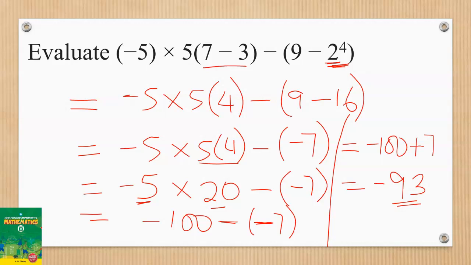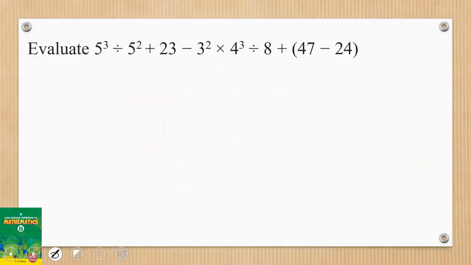Maybe let's take one more example and see. So with this very question, we have to evaluate this lengthy arithmetic. It's not difficult if you go by the rule. So since I have bracket, you see bracket first, and maybe to save time, after bracket I can do the exponent. So I'm going to have 125 for the 5 cube divided by 25 plus 23 will be maintained, minus, here we have to be very careful.